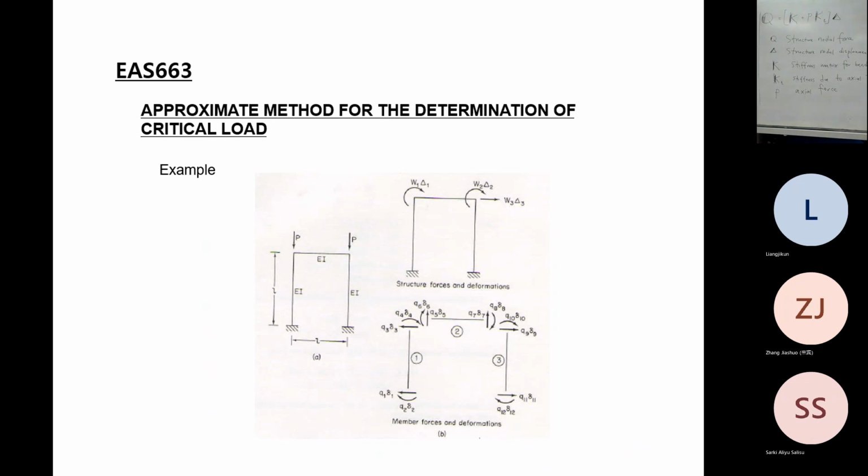There is a frame with this length L. This is also L, and this EI, they're all the same. But first we identify the degrees of freedom, what the nodal displacements are. Later we will see this is an unbraced frame.